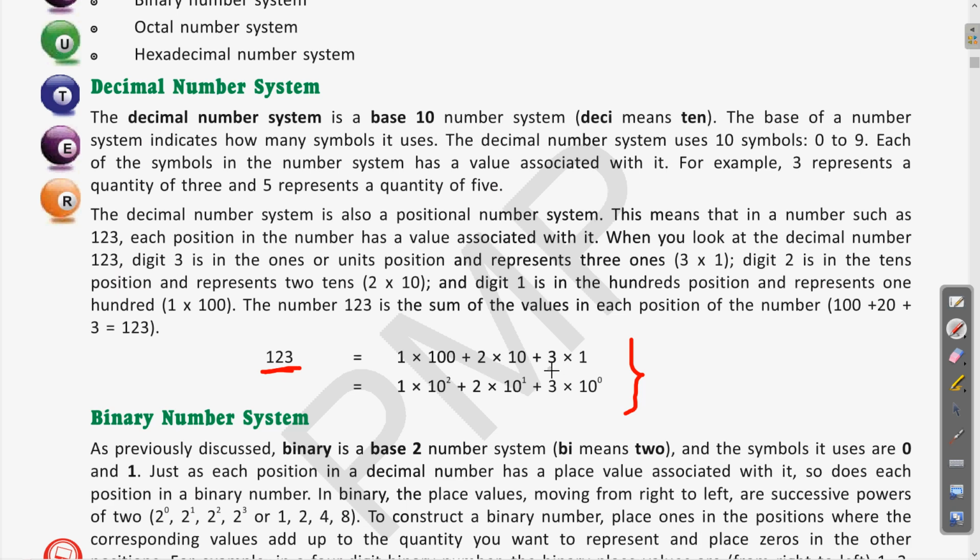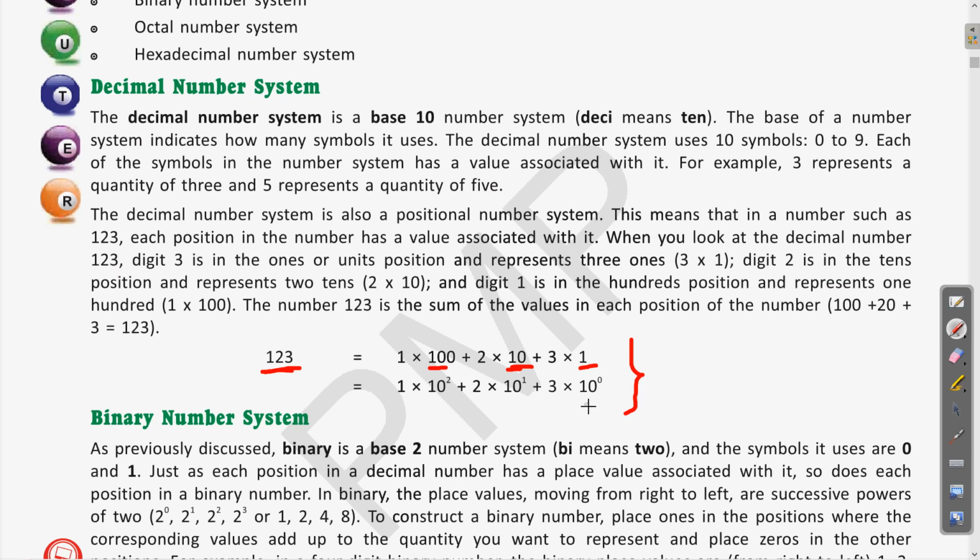So here you can see the 3 is multiplied by 1 at the unit digit, then 2 is multiplied by 10, the tens position, and 1 is multiplied by 100.